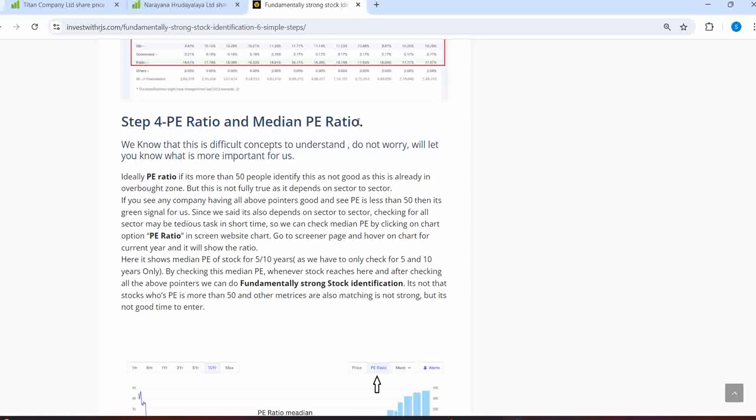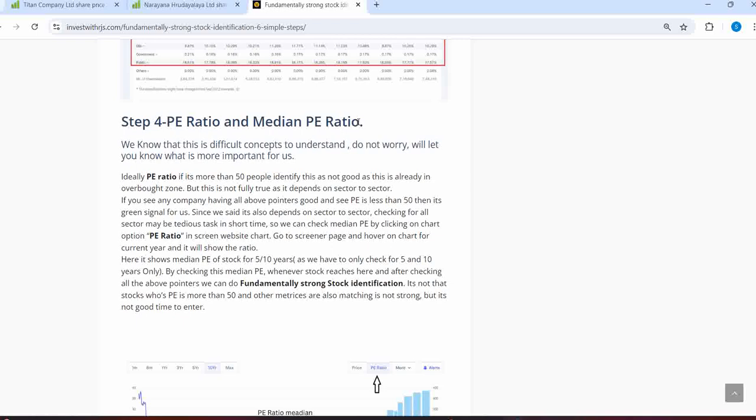But there is also another opinion that if you are buying a stock for 10 or 15 years, in any case of PE you can buy and hold it for the longer term. But the other opinion is that whenever you study the fundamentals of a stock, and the stock comes below a PE ratio of 50, you get an entry and then keep it for a longer period like 5 or 10 years.